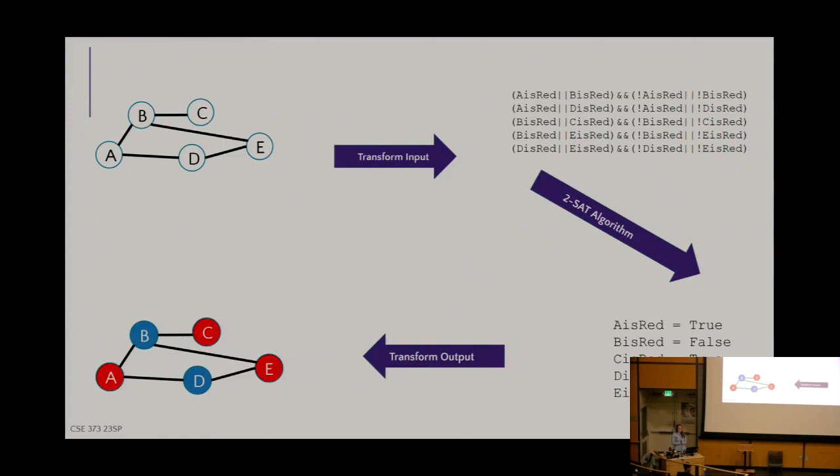So 2SAT is a series of Boolean statements. And within each Boolean statement, there are two entities. It's usually organized like this, where we've got a Boolean on the left, a combinator, and then a Boolean on the right.